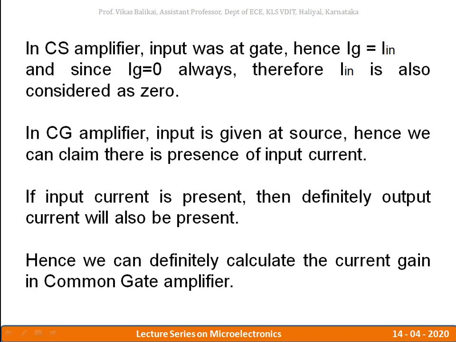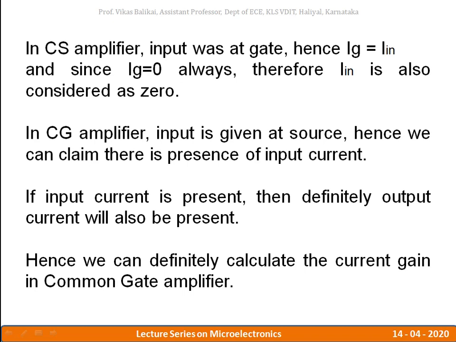Now what is happening in the common gate amplifier configuration? I am applying the input at the source, which means there will be an input voltage and an input current generated because of the input voltage. And where is that input current flowing? At the source terminal, and the source terminal can pass the current through to the other terminal. So definitely I have an input current present in the common gate amplifier configuration, which was not present in the common source amplifier. If input current is present, then output current will also be present.